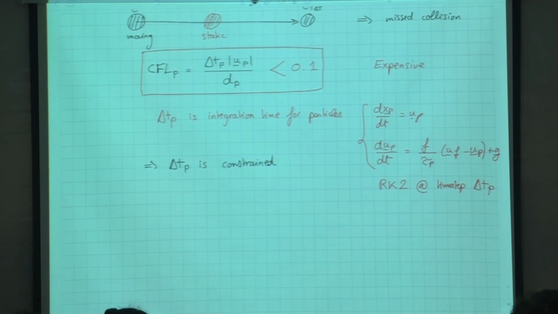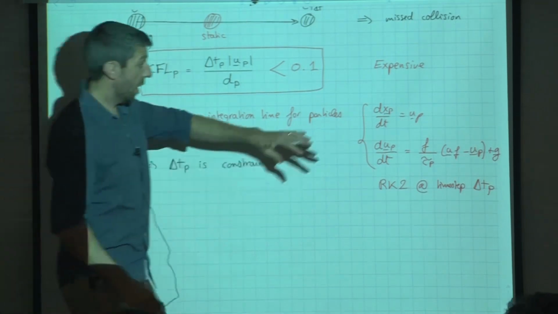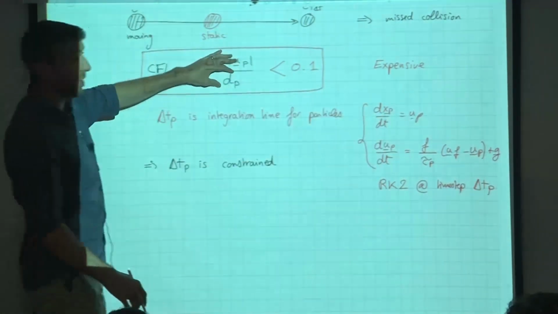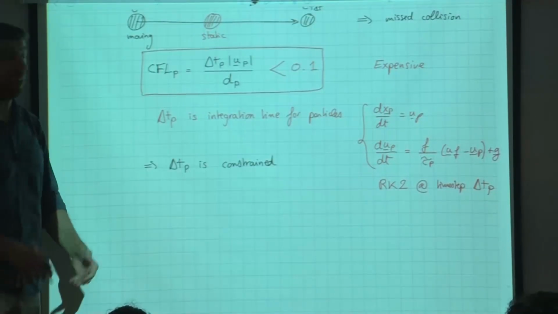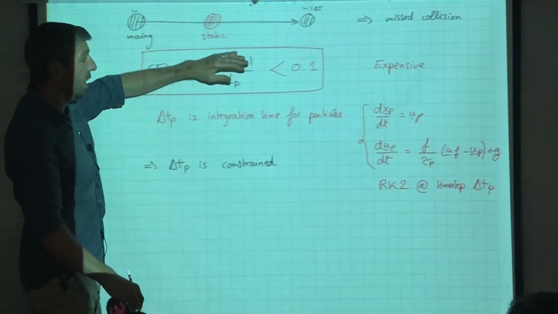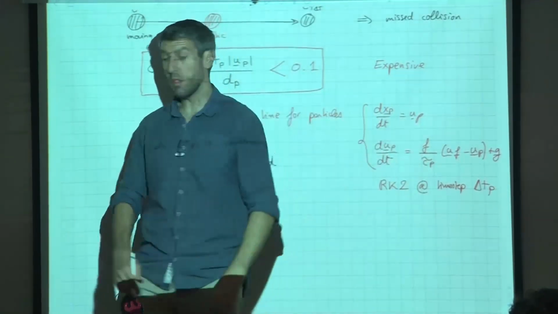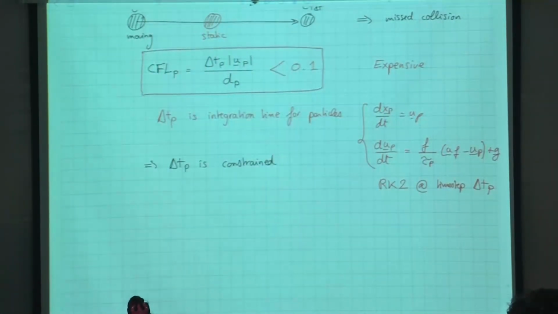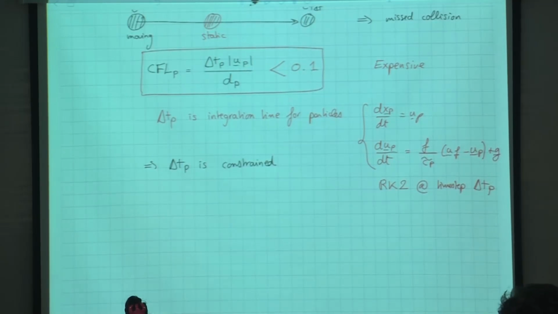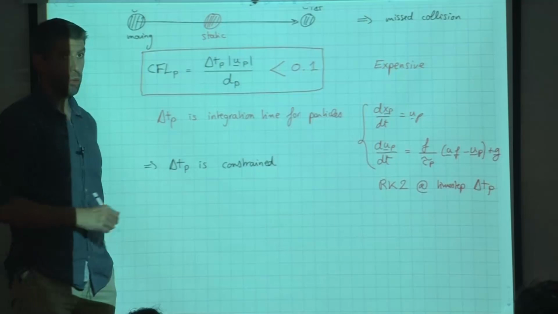So it's constrained for the stable integration of these, but it's also constrained by this. And typically, except at really low Stokes numbers, this will by far dominate compared to the stability of the integration of this. Okay, so now we know more or less what is an unavoidable cost in terms of temporal resolution.